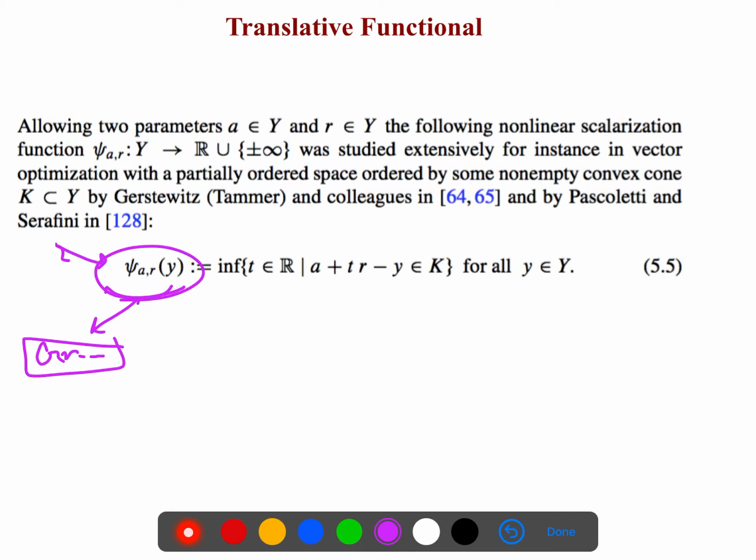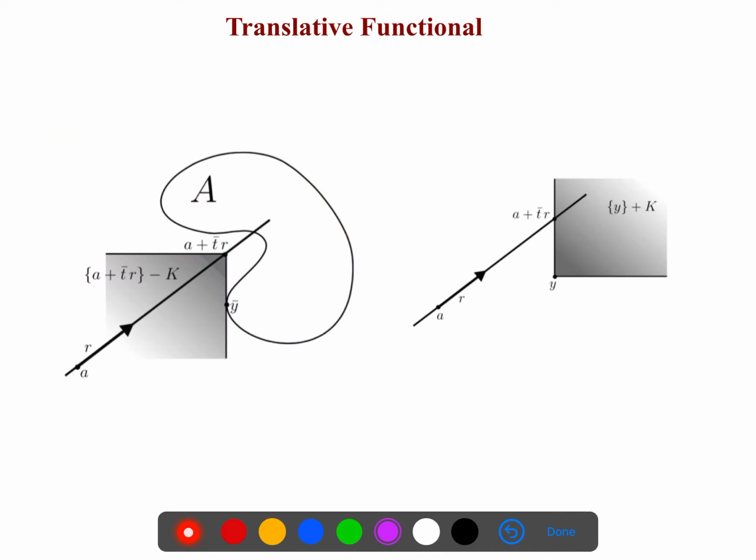So this functional becomes just a simple case of our functionals. In Pascoaletti-Serafini, we try to minimize t subject to this constraint, and you can look at it as a minimization of a functional.